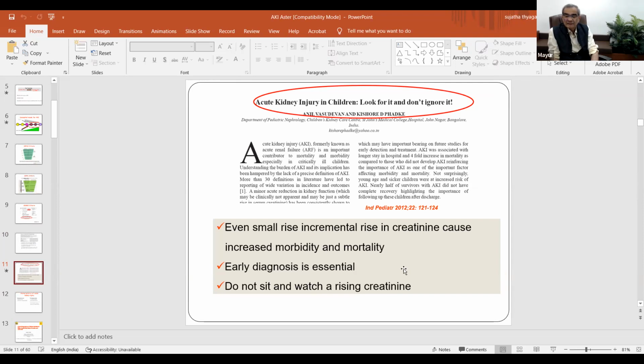As you know, the creatinine becomes double only when the GFR has fallen by almost 50%. So it's important, but unfortunately, there are no better criteria that we have to pick up AKI in early stages. Well, there are some developments in terms of biomarkers and all that. So as we go along, we'll look at it.